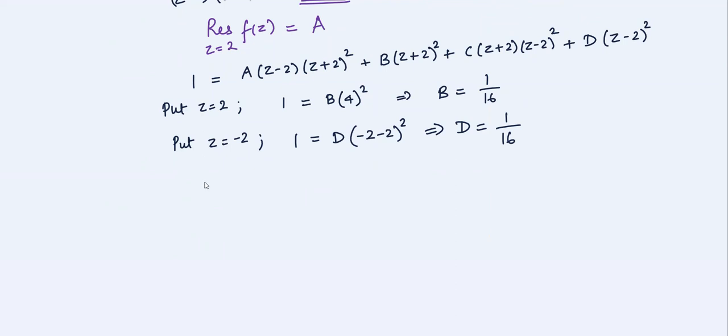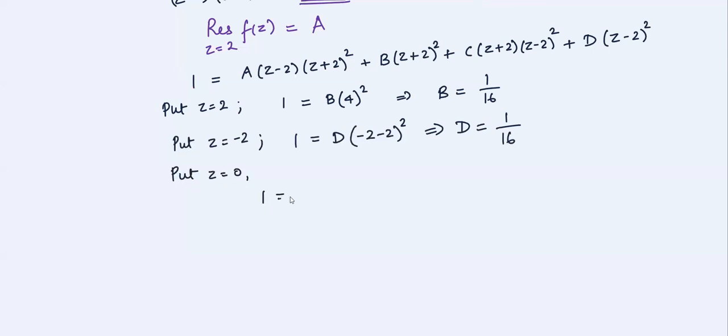Now B and D we have found out. If we can find either C or A, for that we will have to find C and A. So put z equal to 0.